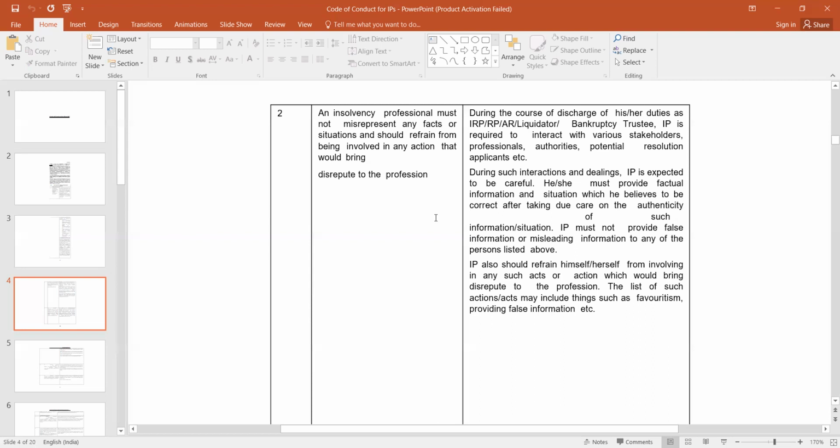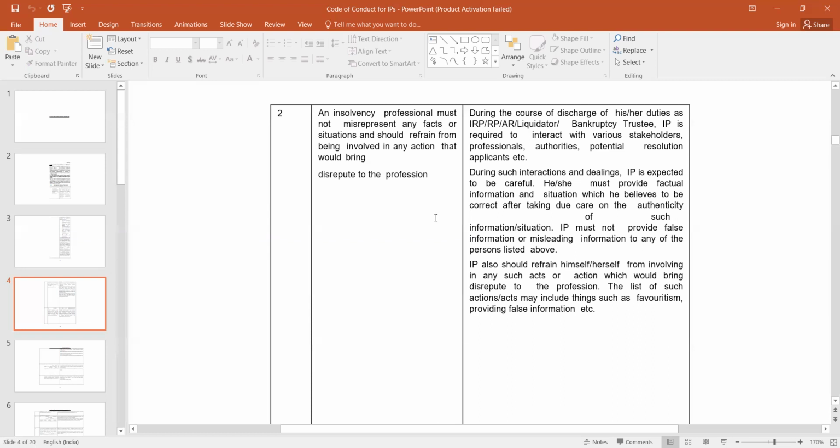This is also covered in integrity and objectivity only. In integrity and objectivity, they have given 4 types of instances. The first we have seen. Second is this point.